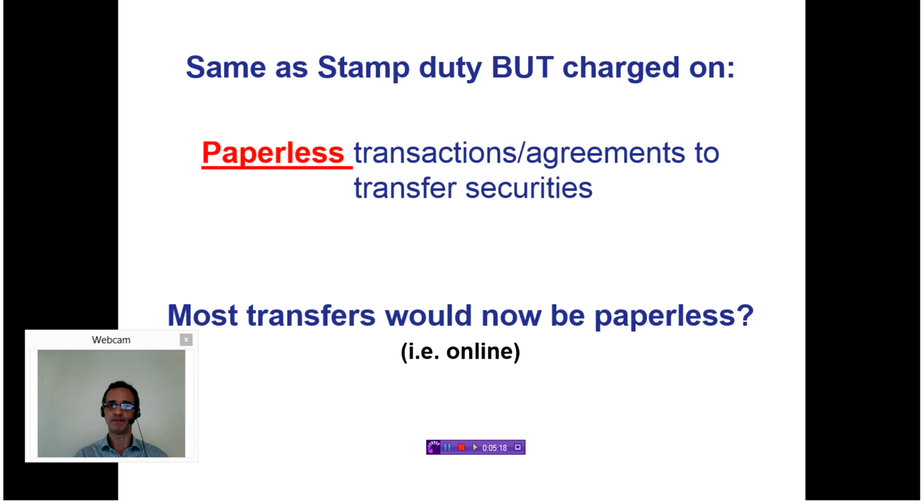In practice, stockbrokers, for example, will be submitting returns on a monthly basis with a series of amounts due in relation to transfers that they've been connected with on behalf of clients.